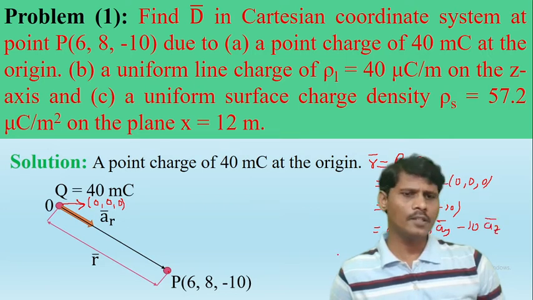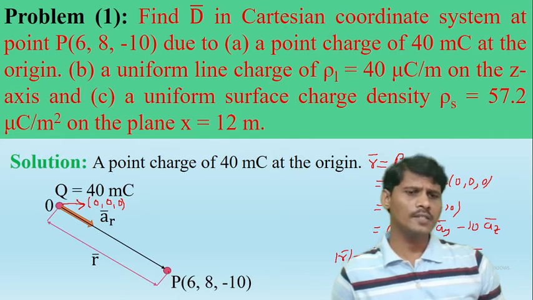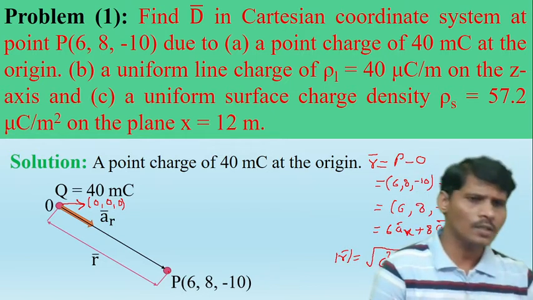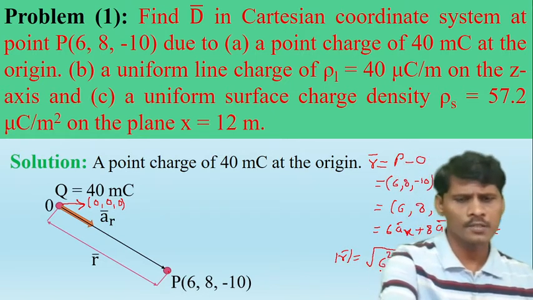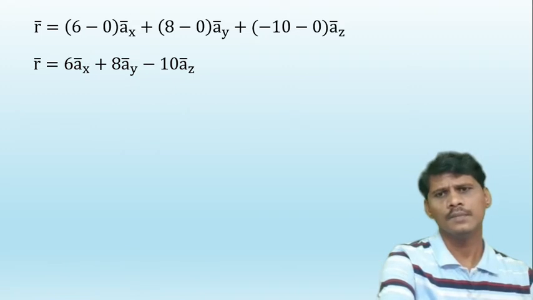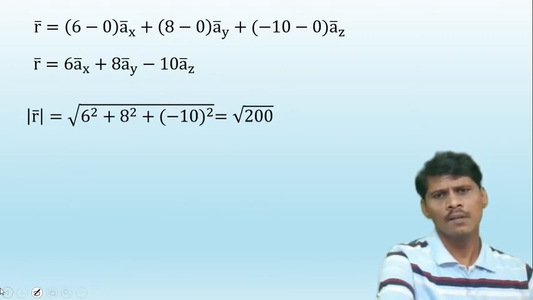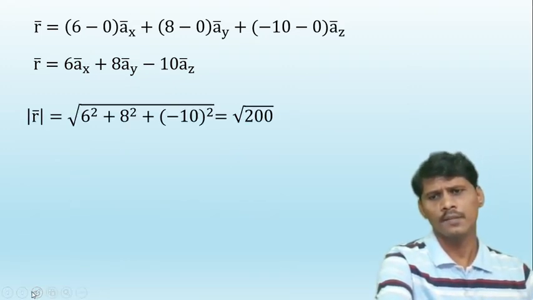Take the magnitude on both sides: square root of the a_x bar component squared plus the a_y bar component squared plus the a_z bar component squared. That is 6 squared plus 8 squared plus (-10) squared, so that is square root of 200.